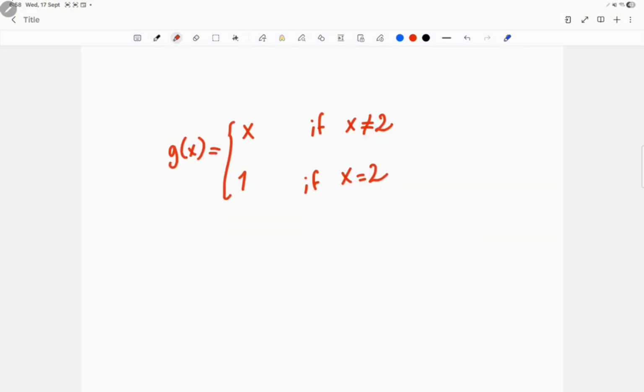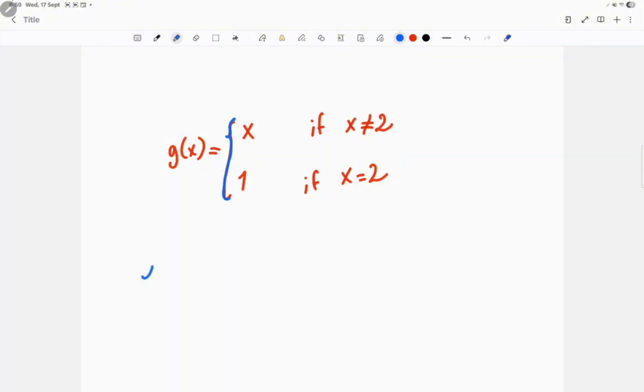Now, this is called a piecewise function because g of x could be equal to multiple prompts. So g of x is equal to x if x is not equal to 2, and it's equal to 1 if x is equal to 2. Okay, is it confusing? No problem. This is called a piecewise function. What does that mean? You have this, and you have multiple things inside, 2 or more.